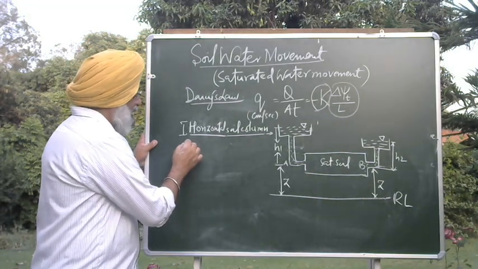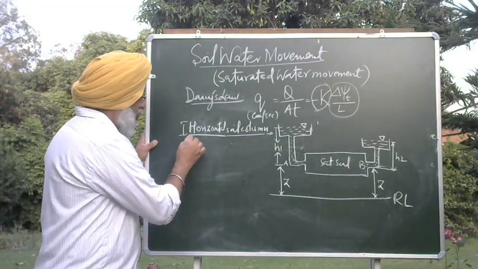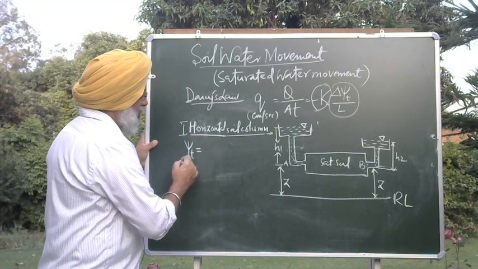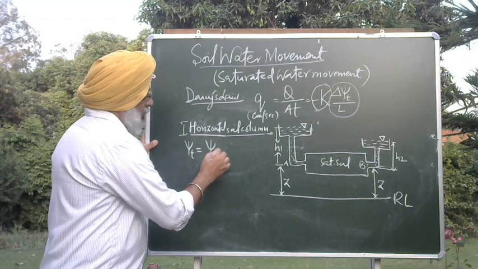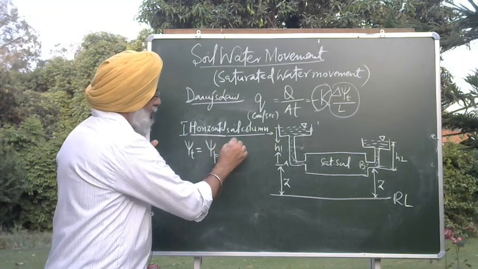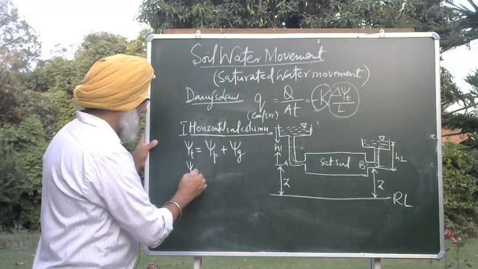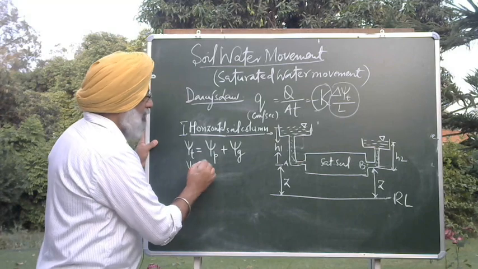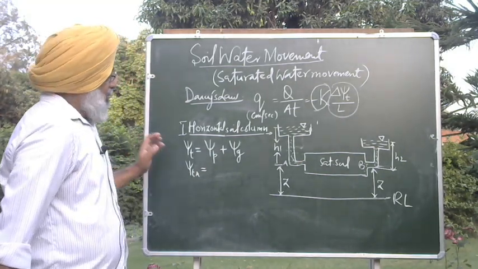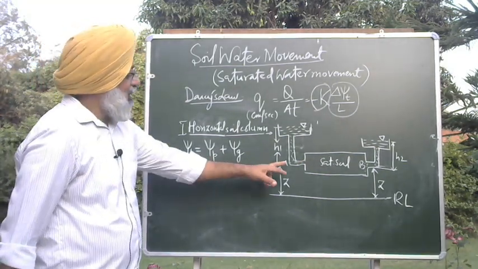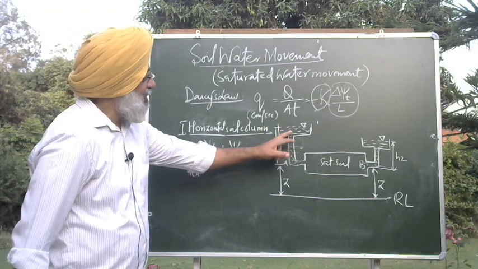So now again we have to find the total soil water potential, which is equal to pressure potential plus gravitational potential. So what will be the total soil water potential at A? What is the pressure potential at A? The head of water which has been maintained.